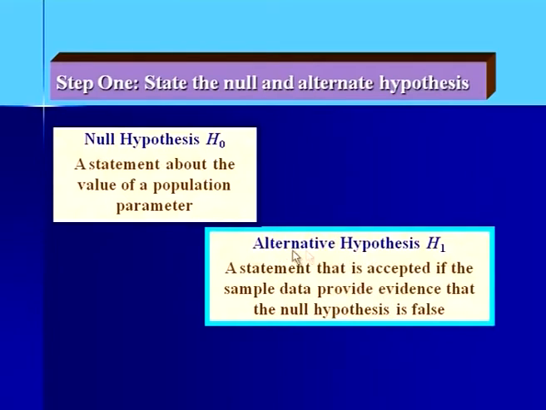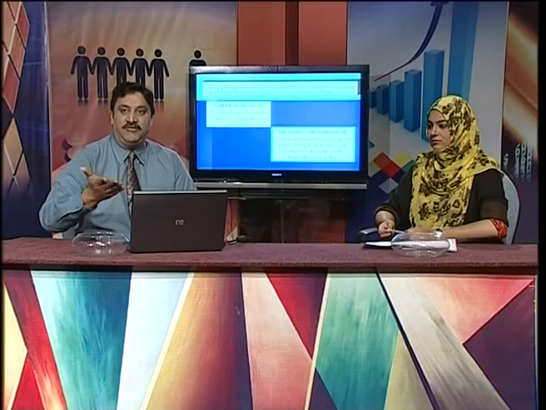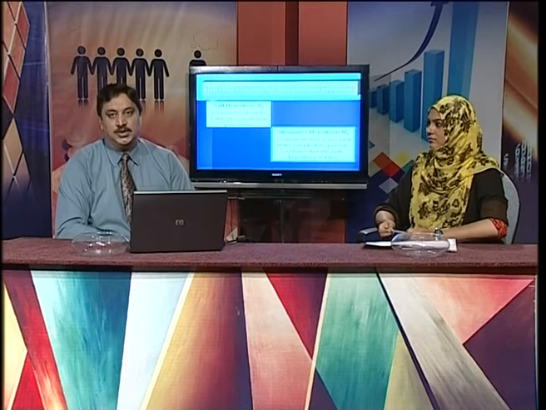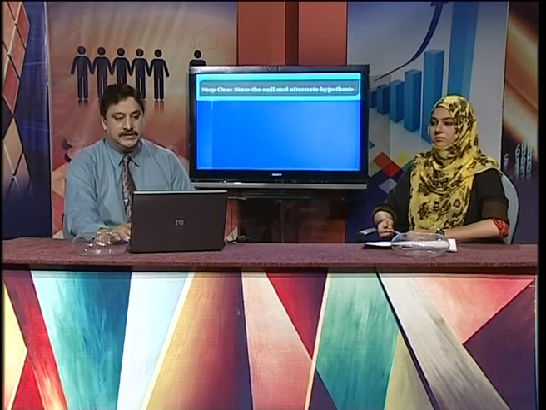So the alternate hypothesis is denoted by H1, and we generally denote the null hypothesis with H0. The alternate hypothesis is a statement that is accepted if the sample data provide evidence that the null hypothesis is false. Basically, in the first step, we formulate two hypotheses: one is the null hypothesis and the second is the alternate hypothesis.